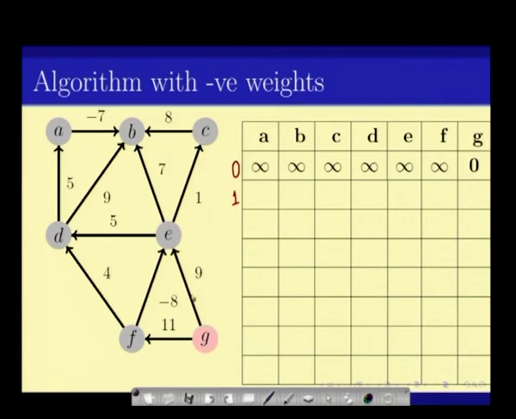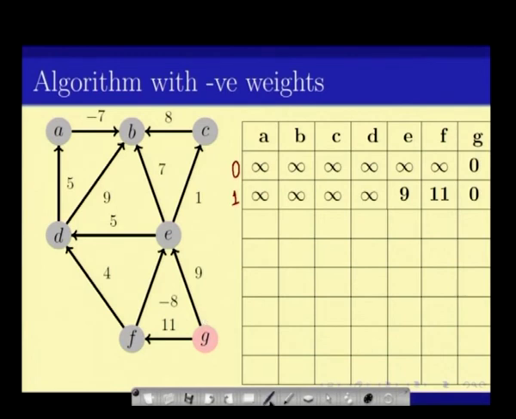Every time I can use the same thing: what is the shortest distance from G to E using just one step? It is the shortest distance of G from itself plus the edge weights. So, we get this set, and this will update E to F. Just remember that this is the same algorithm where we found that Dijkstra's algorithm fails with negative edge weights.